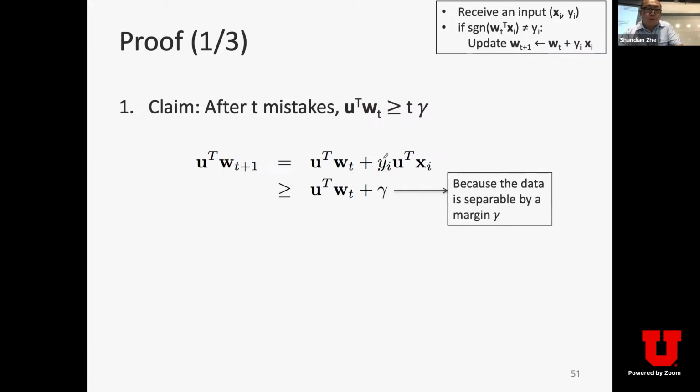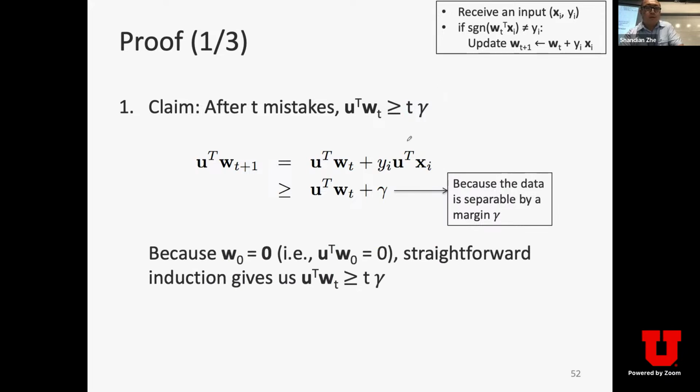Because u is a separating hyperplane with margin gamma, this additional term is essentially the distance, which we know is no less than gamma. And u transpose wt, according to the induction assumption, has already satisfied the bound. So if you put them all together, you got t gamma, and you add one more gamma, so u transpose wt plus 1 is no less than t plus 1 times gamma. So the induction step is relatively straightforward. As long as at step t this holds, then at step t plus 1, it holds as well.